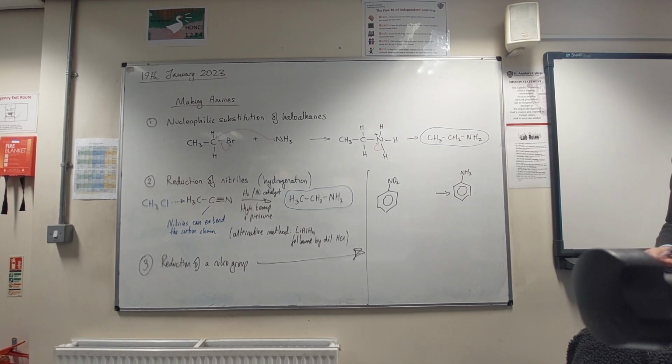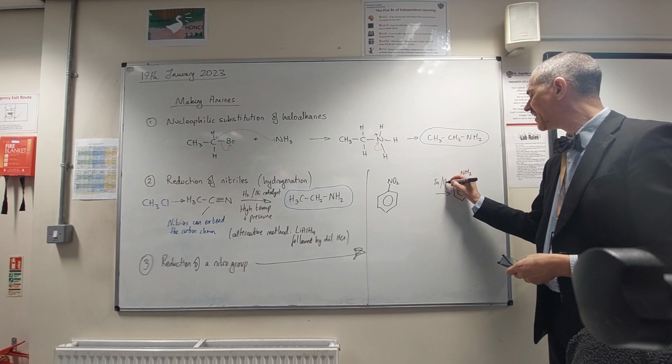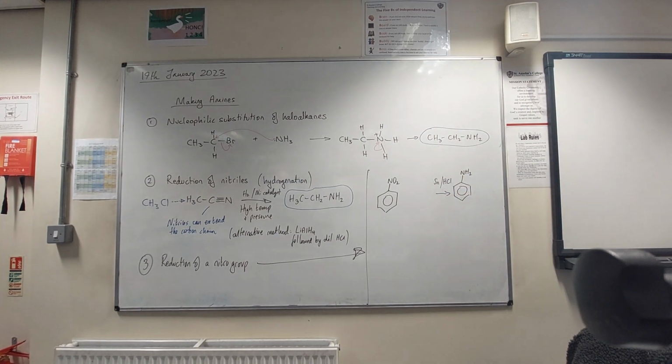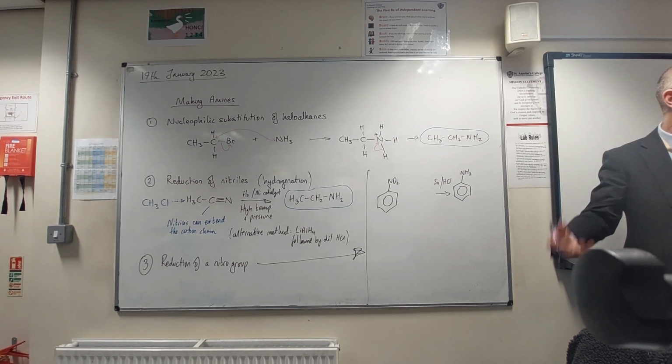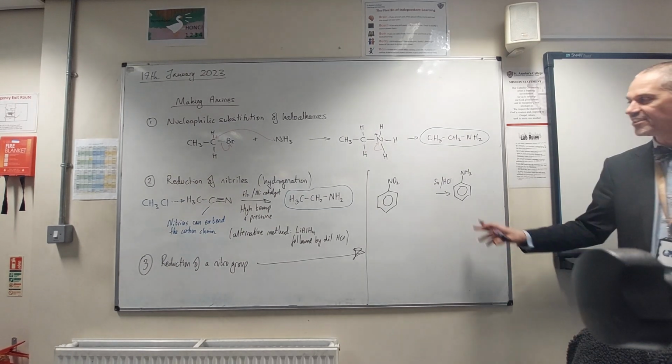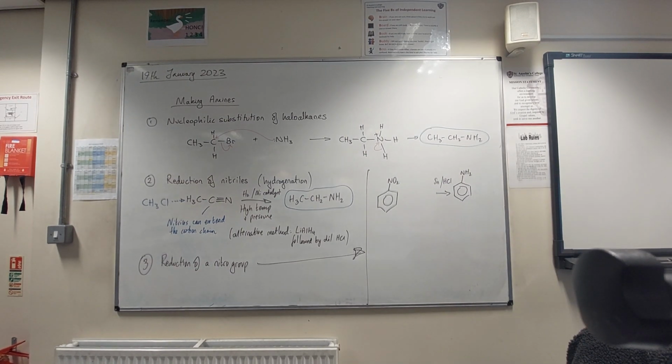The reducing agent we use is tin and HCl, which might sound a bit odd. But what happens if you add tin to HCl? Hydrogen. Metal and acid makes hydrogen, right? So it's a way of just generating some hydrogen. It's basically a hydrogen generator right there in the reaction mixture. You're making fresh hydrogen for the NO2 to react with.